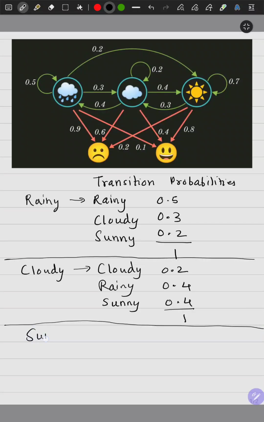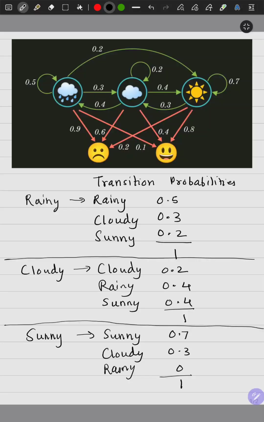Similarly, if we have sunny, sunny stays sunny with 0.7 probability, sunny becomes cloudy with 0.3 probability, and there is no direct arrow from sunny to rainy here, so we will treat that probability as 0. Basically, sunny to rainy cannot directly happen, it will have to go via cloudy, so that probability is 0 and the total sum will be 1.